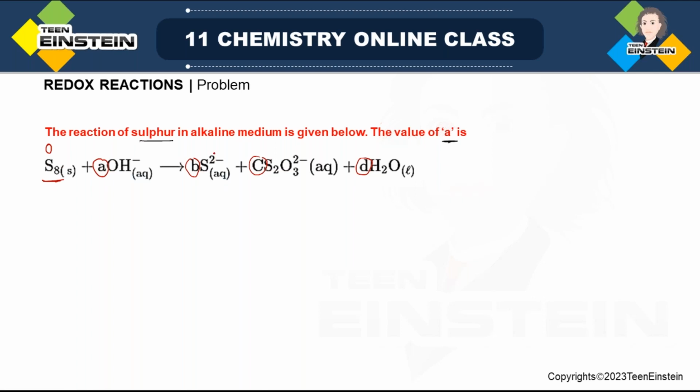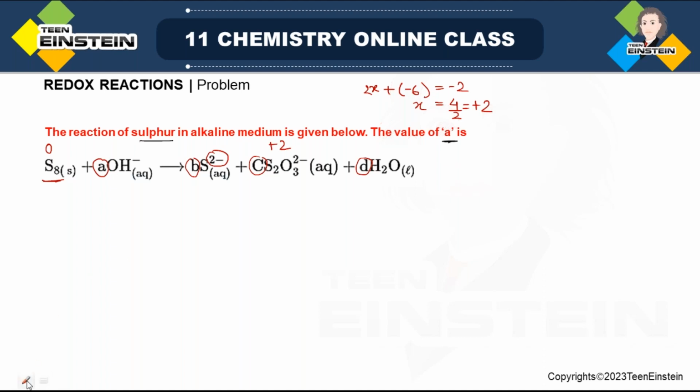When it is S2 minus, 2 minus is directly the oxidation number because there is no other atom. Then S2O3 2 minus. Suppose the oxidation number is X for sulfur, so I will write 2X. Total negative charge is 6 minus, overall charge is minus 2. So the value of X is 4 by 2, that means it is plus 2.